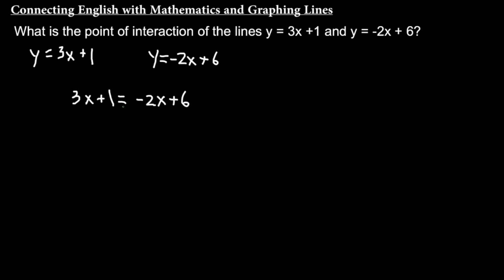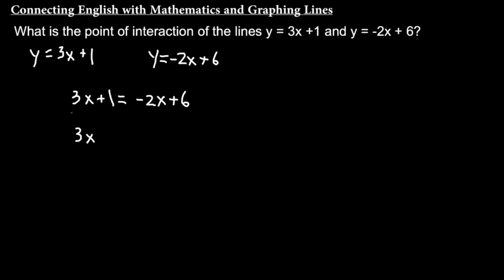We can make them equal to each other because they're both equal to y. Now from here, there are many ways you can rearrange. I'm first going to move all the terms with the variable, so 3x and negative 2x, onto one side, and the numbers, positive 1, positive 6, to the right side.